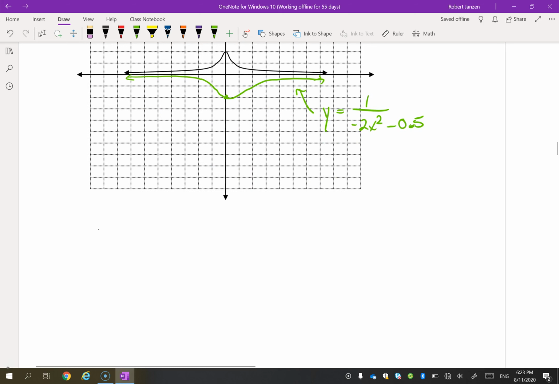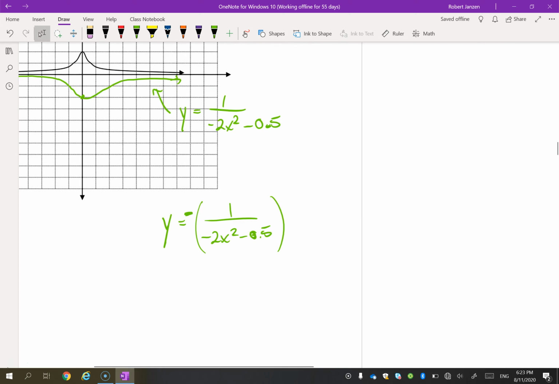Okay, it's actually pretty simple. I would write the original equation, and if I want to affect the y, I would put a negative outside the function. Okay, it's that easy.